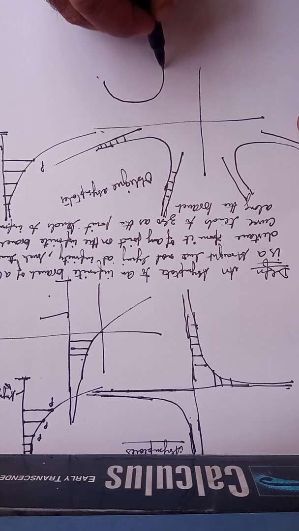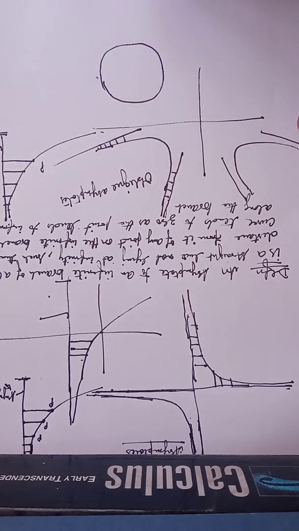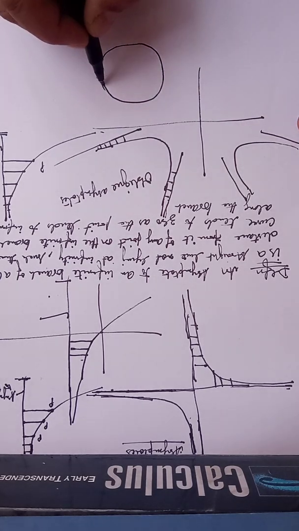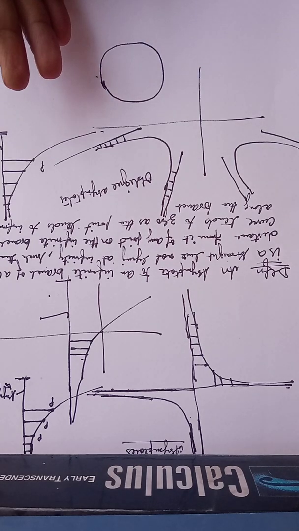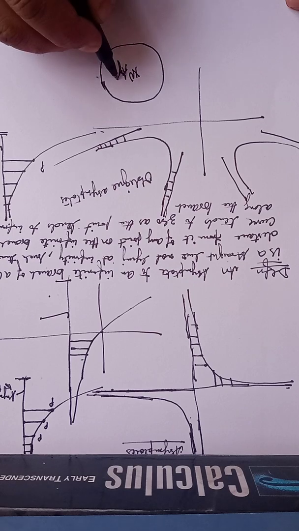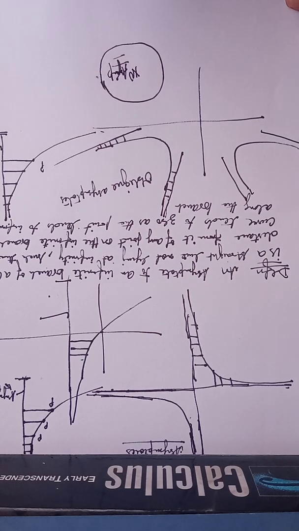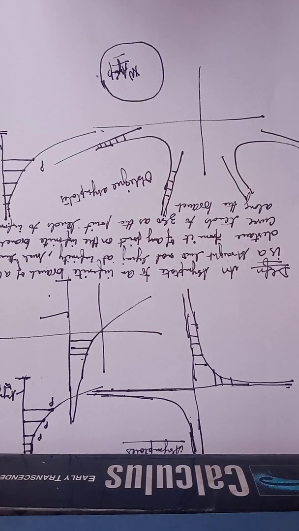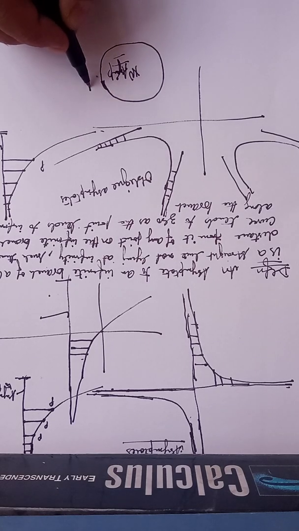How many asymptotes will a circle have? It will have none, because you don't have an infinite branch of a curve, so no asymptotes. Some curves may have asymptotes or some may not, depending on the curve.